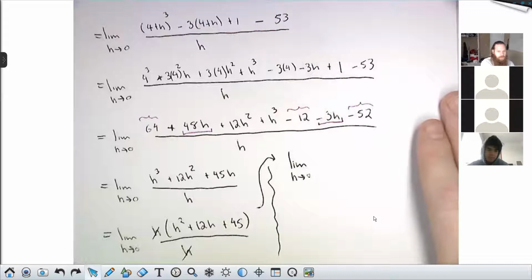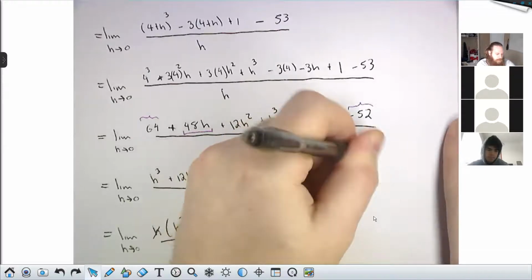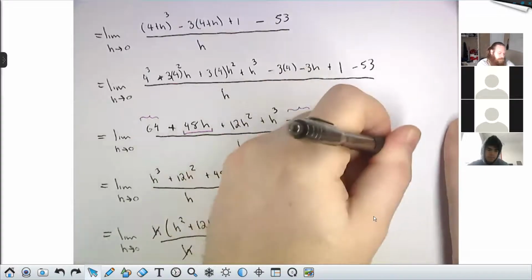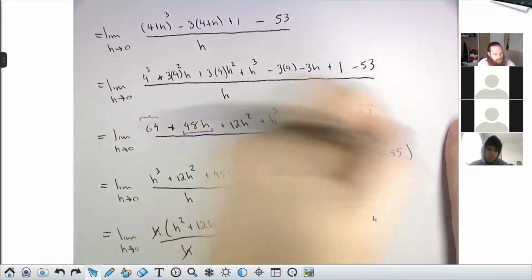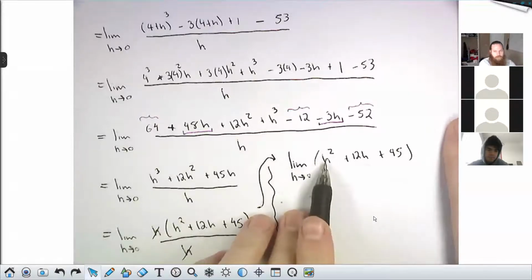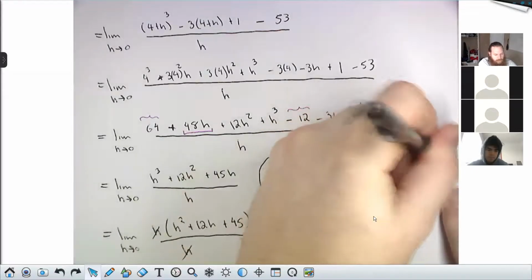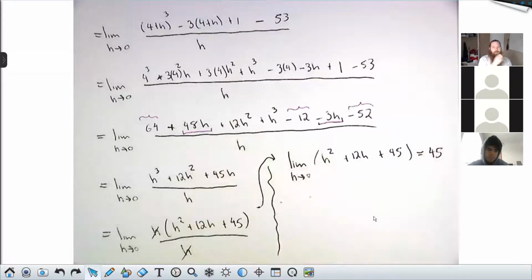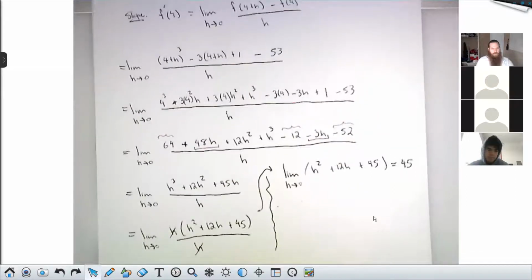Let's see what's left. h squared plus 12h plus 45. And that's all over 1. You can write the over 1 downstairs if you want to. I'm not going to. You don't need to. As h goes to 0, h squared goes to 0, and 12h goes to 0. So out of this, we're just going to get 45. So the slope of my tangent line is 45.